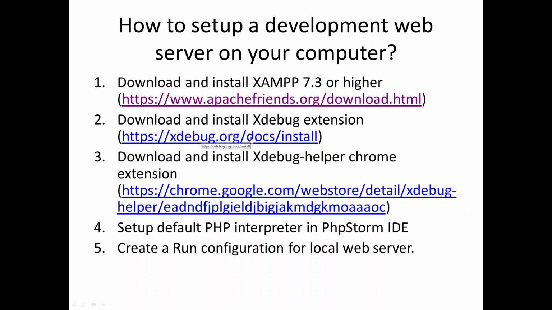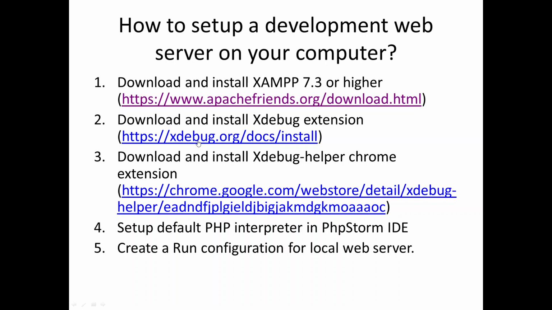After installing XAMPP, the next thing that I need to install is the Xdebug extension. This Xdebug extension is required for us to be able to debug our PHP scripts, because it doesn't come out of the box with the interpreter.